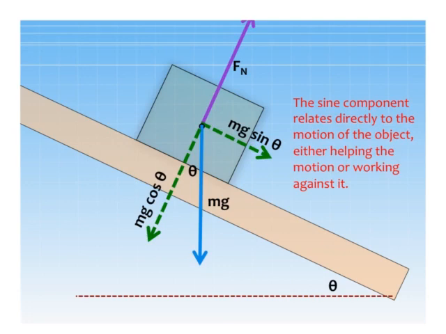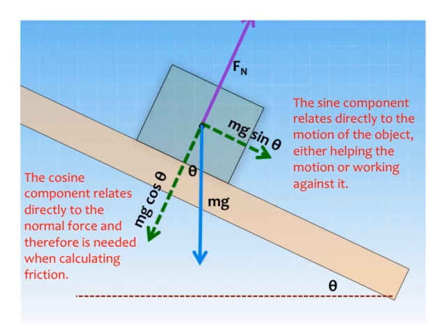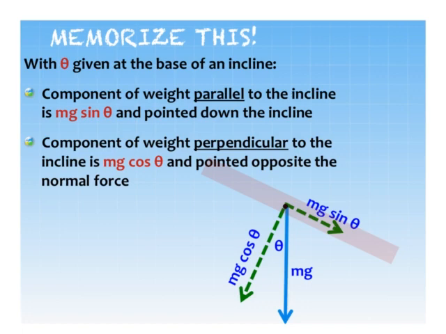So again, the sine component will be related to the motion of the object, either helping or hurting the motion. And then the cosine will give us information related to the normal force. And so that's going to be important when there is friction in the problem. You should memorize these ideas.